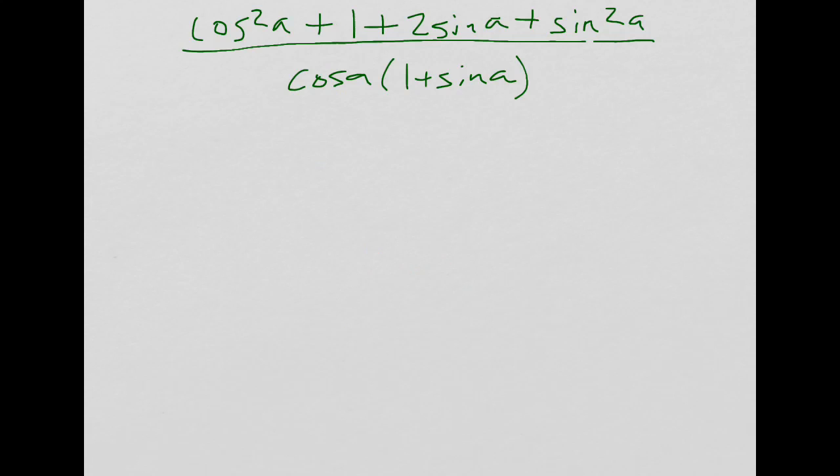Okay, so now you see the numerator of this fraction is all addition, right? And with addition, I can change up the order. If I had 3 plus 2, that's 5. If I had 2 plus 3, it's still 5. It doesn't matter what order I do it in. So are there two things up there that I could group together that look like one of our identities over here?